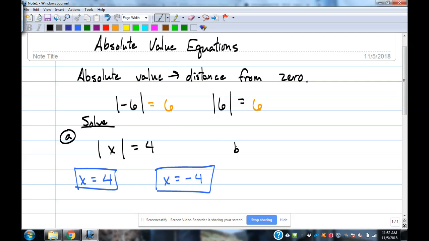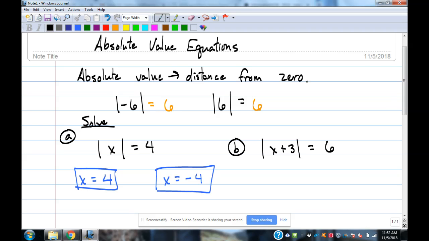Where it gets a little bit more complicated is when we have something like the absolute value of x plus 3 is 6. So here we have x plus 3, whatever this is, 6 units away from 0. So that means x plus 3 could be at what number?